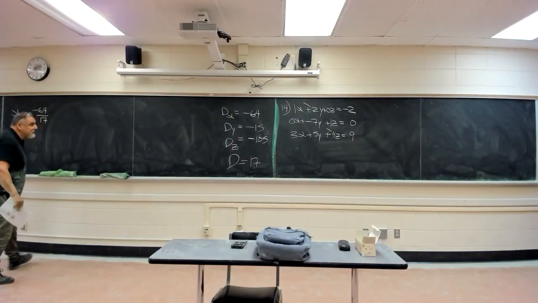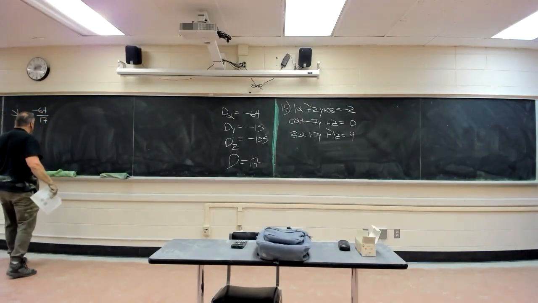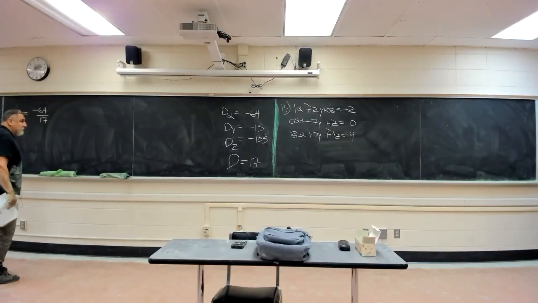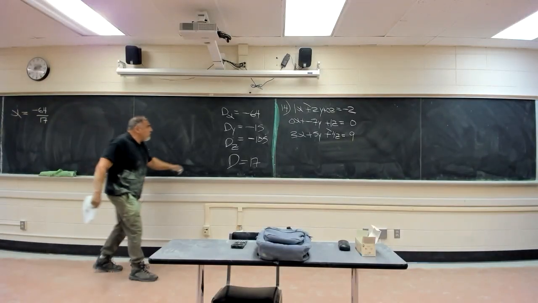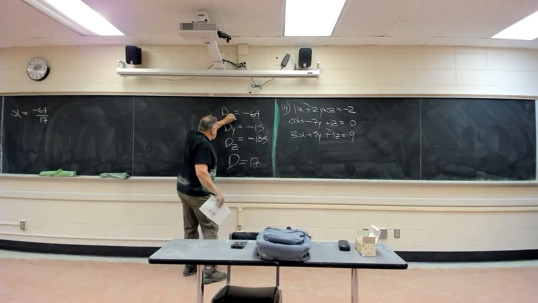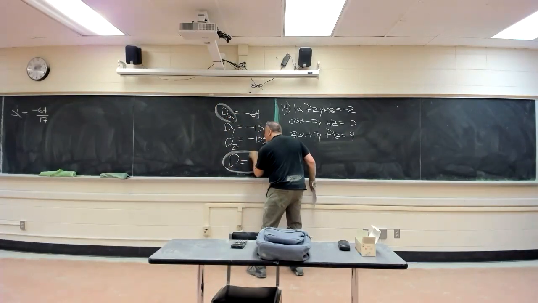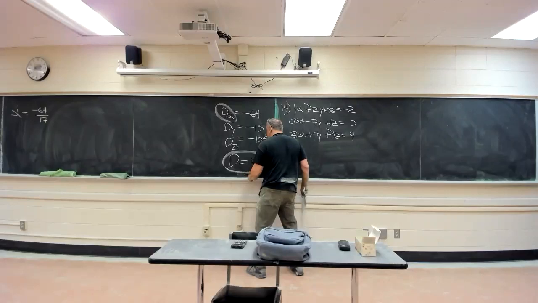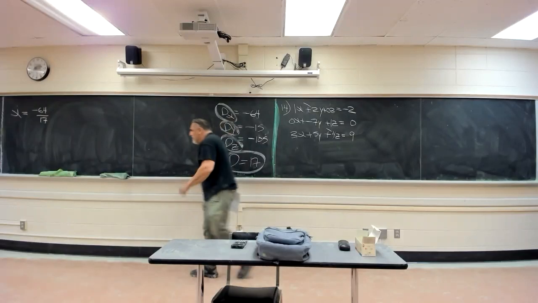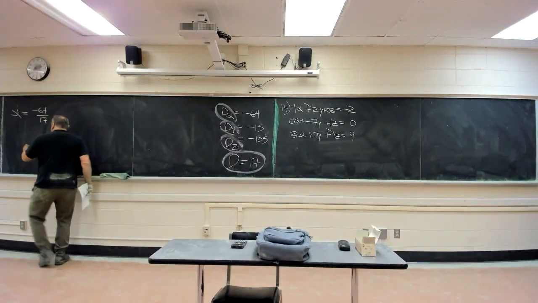That's the exact answer, actually, for x. It's basically dx divided by d is the x, dy divided by d is the y, and dz divided by d is the z.